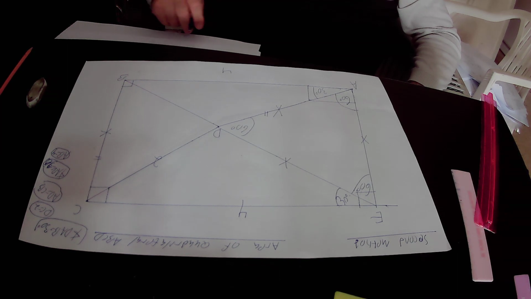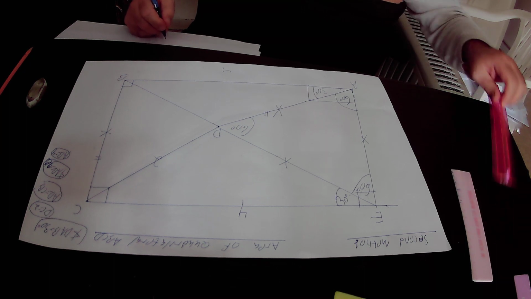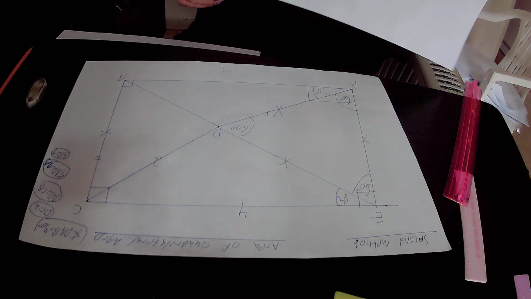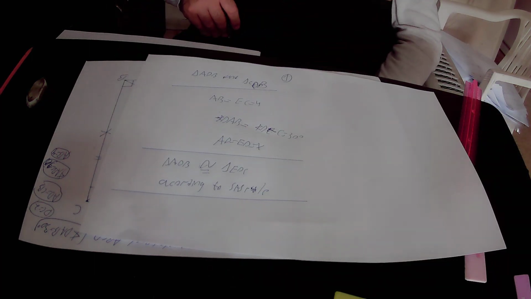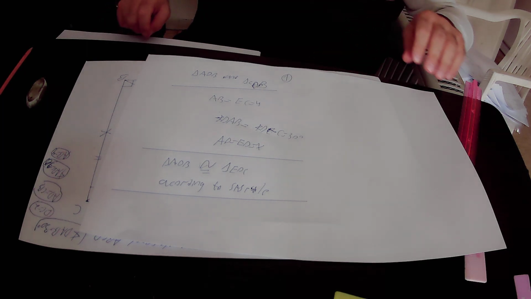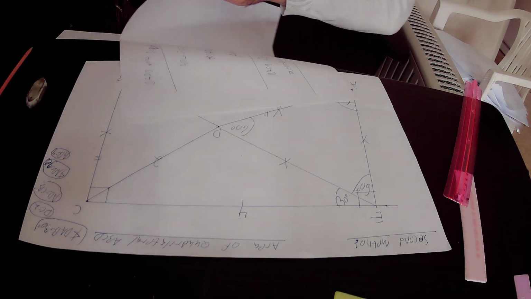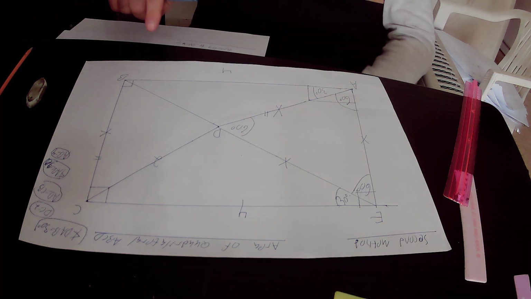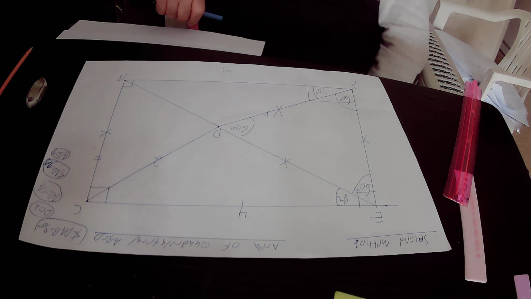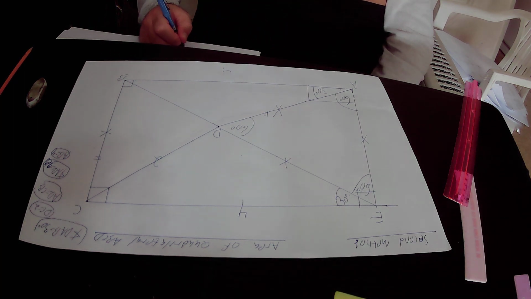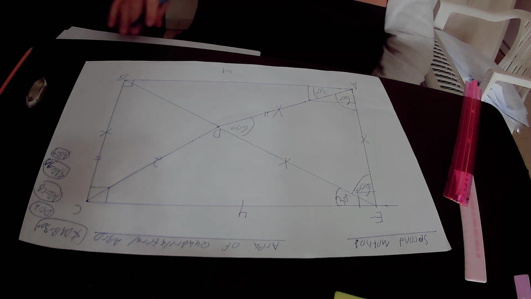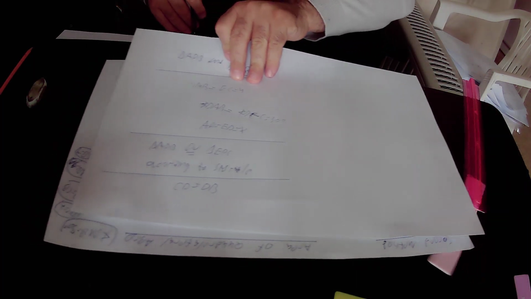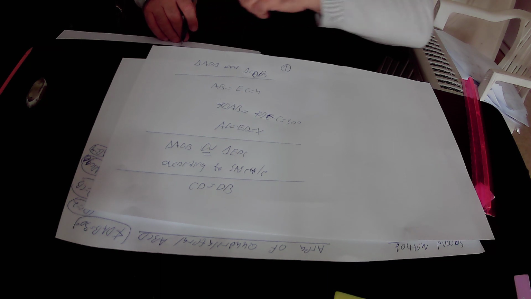So I'll repeat again. We actually proved that triangle ADB is congruent to triangle EDC according to the side-angle-side rule, and from the fact that those two triangles are congruent to each other, we will conclude that CD equals DB, according to the rule that corresponding sides in congruent triangles are equal to each other.